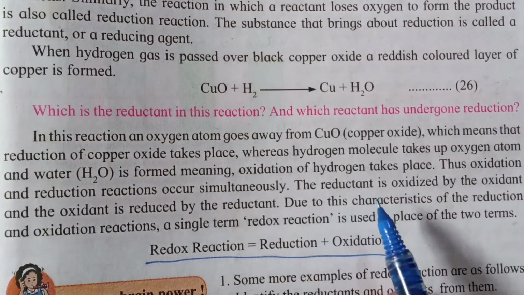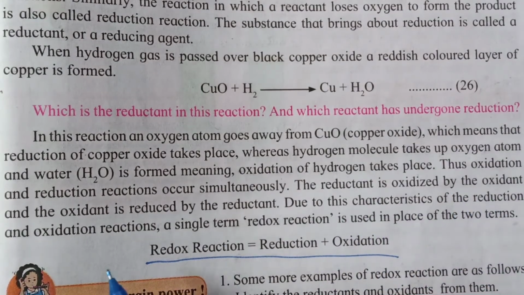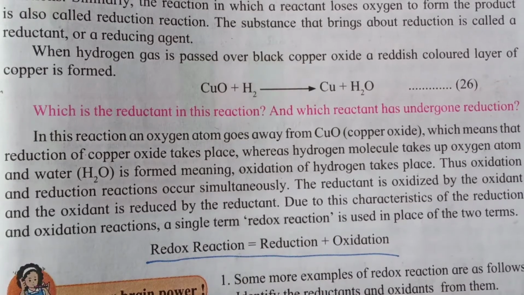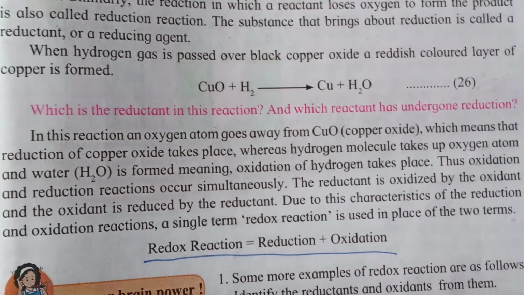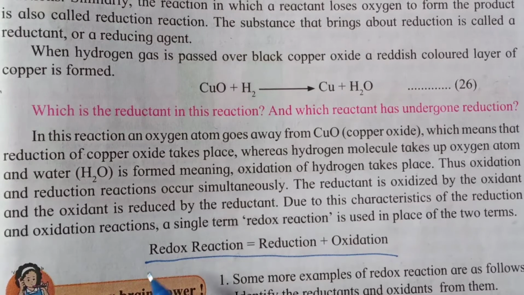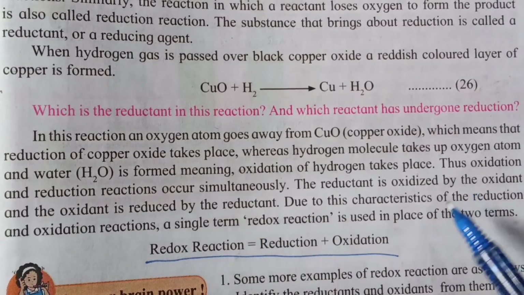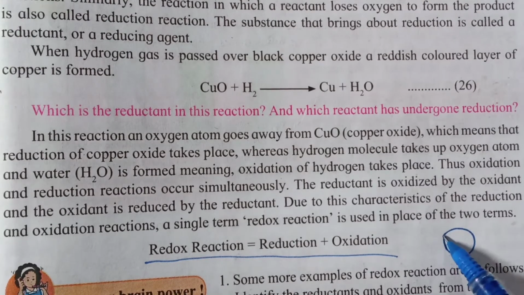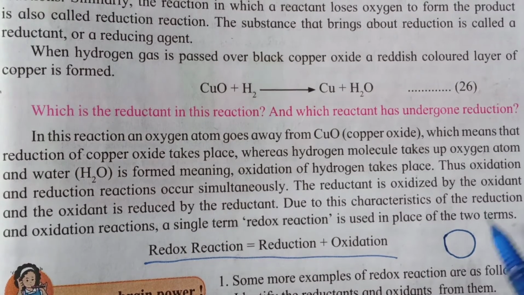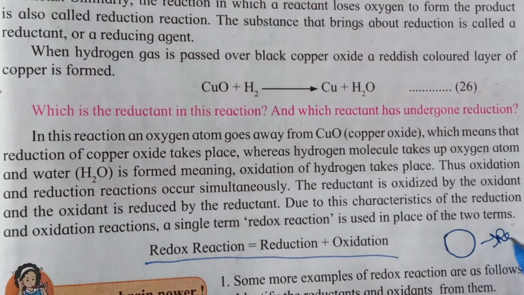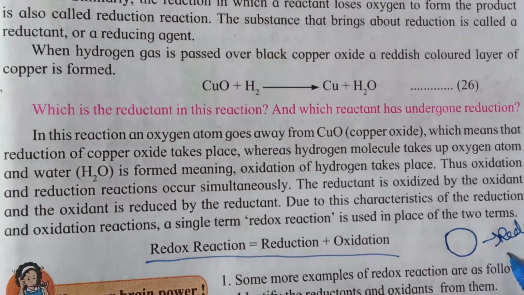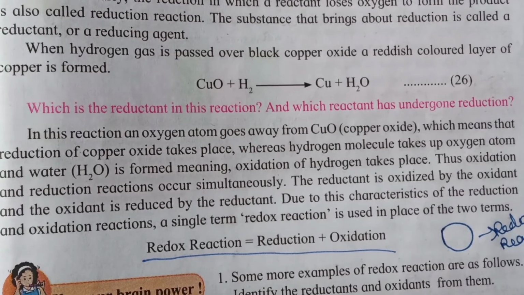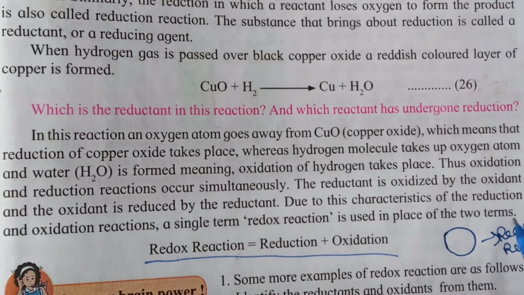Oxidation of hydrogen takes place, thus oxidation and reduction reactions occur simultaneously. The reductant is oxidized by the oxidant and the oxidant is reduced by the reductant. Due to the characteristics of the reduction and oxidation reactions, a single term, redox reaction, is used in place of the two terms.